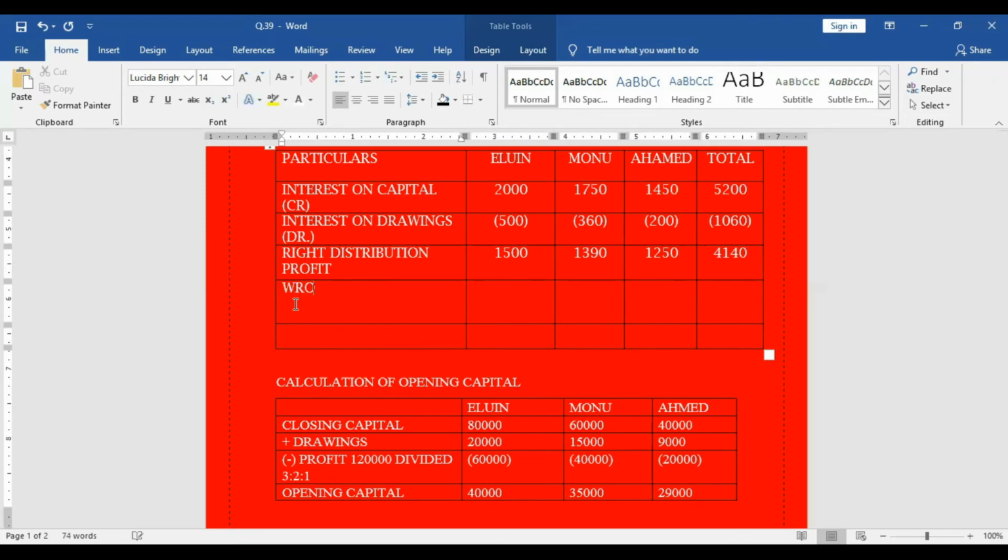Now this was wrongly distributed as per the ratio, not as per the appropriation.